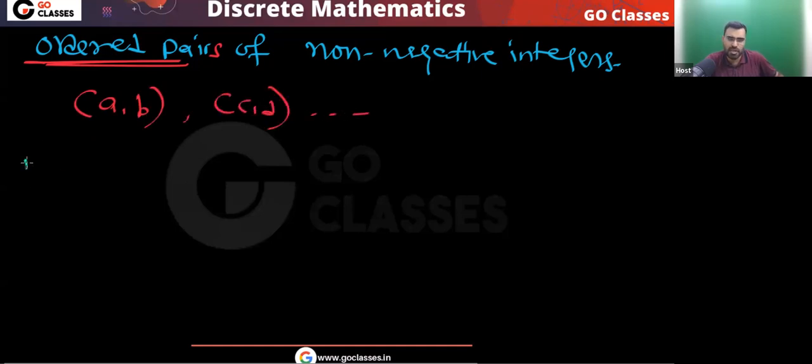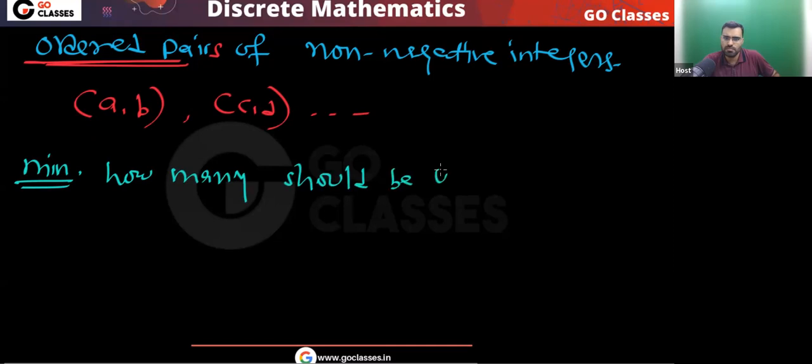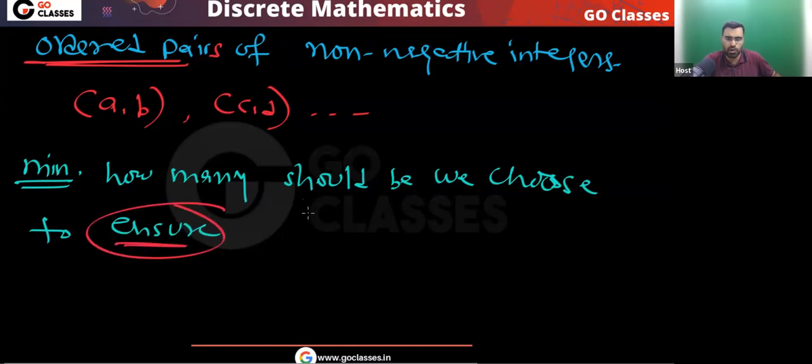And the question is saying minimum how many should I choose to guarantee, to ensure? This is the important point. We want to ensure that A is congruent to B mod 3.